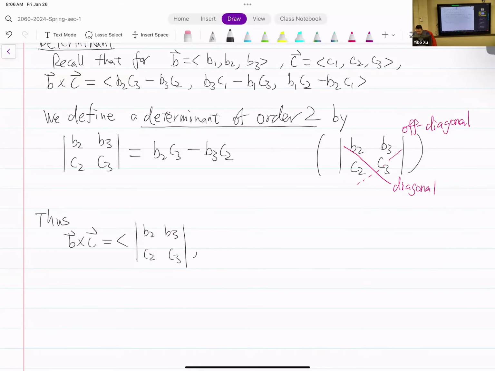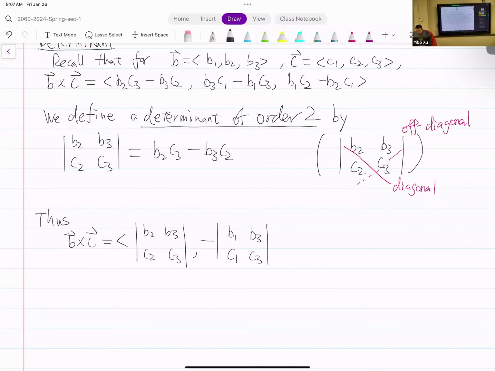But then we can follow a similar pattern. We just want to realize that the expression at the second entry has the opposite sign. Okay, so we put a negative, but then we still want to put the smaller indices on the left. So B1, B3 here, C1, C3 here.